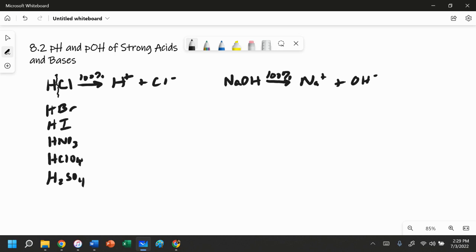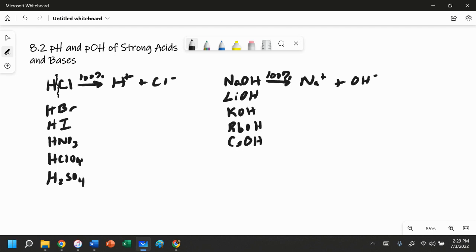So how do you know the strong bases? Well, again, you have to memorize them, but these aren't too bad because the alkali metals bonded to hydroxide are strong bases. So lithium hydroxide, sodium hydroxide, potassium hydroxide, rubidium hydroxide, and cesium hydroxide. All of those, when placed in water, will dissociate 100%. What are the other two?